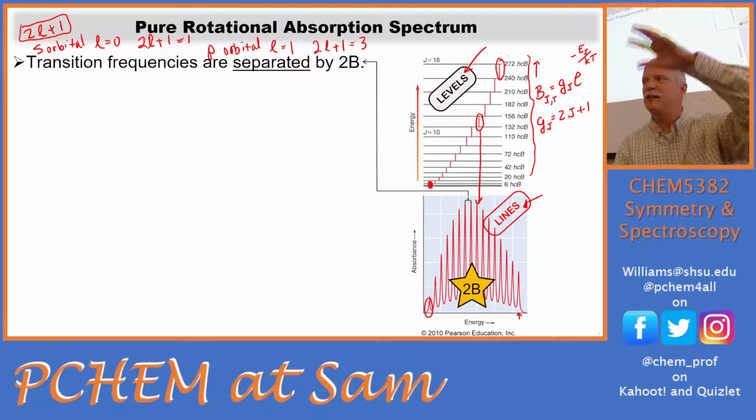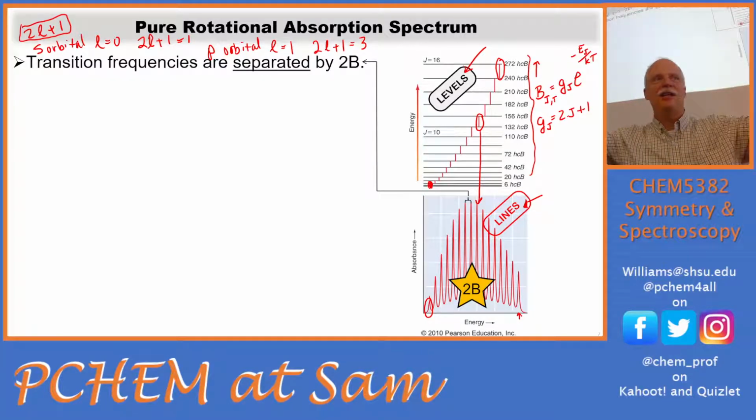And this is a statistical thing. If I have 5 chairs in level number 2 and 3 chairs in level number 1 and 1 chair in level number 0, and I say everybody grab a seat, statistically there's going to be more people in level 2 because there's 5 places to sit.